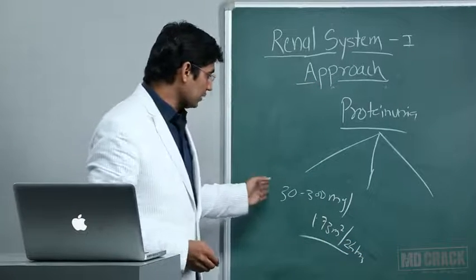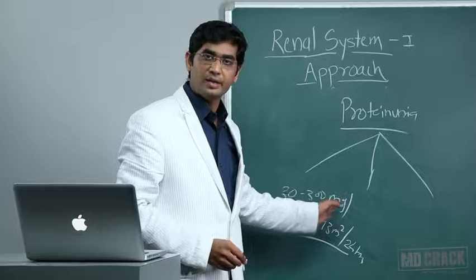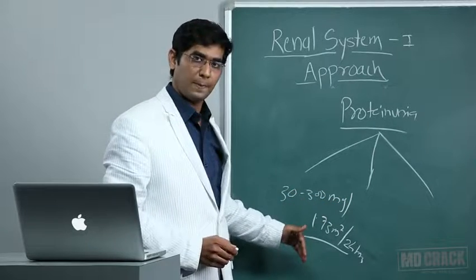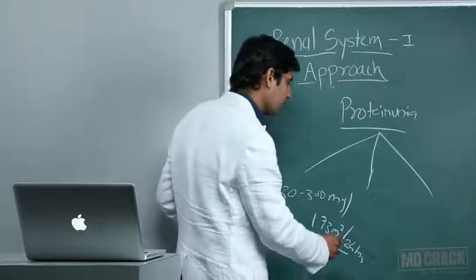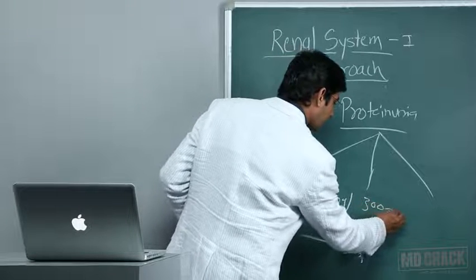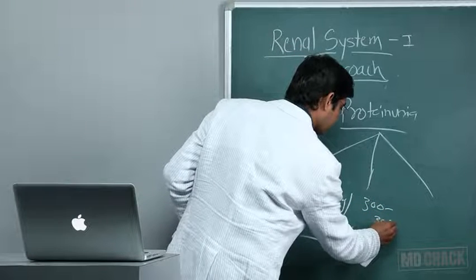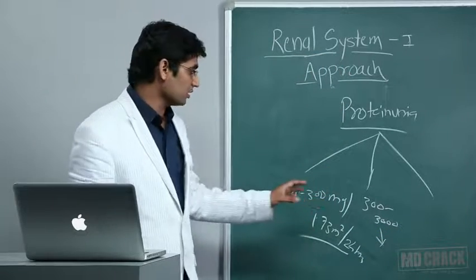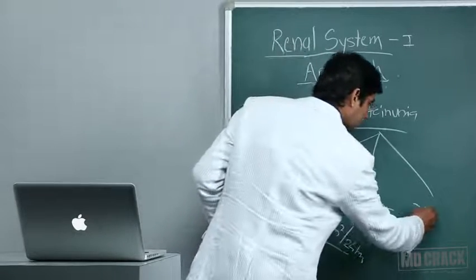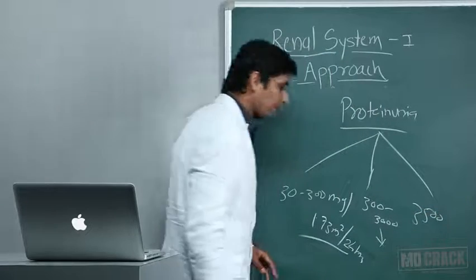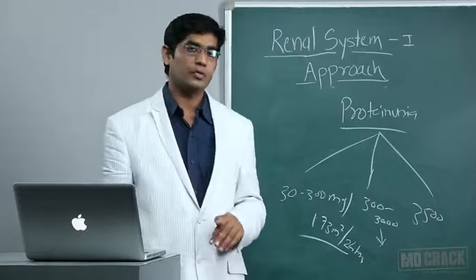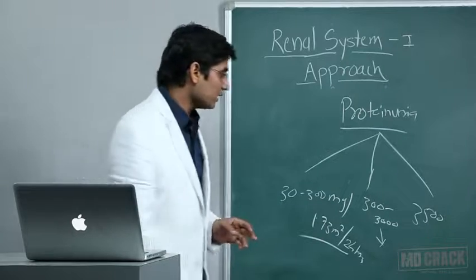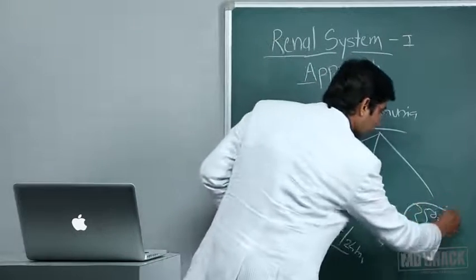So if the range is between 30 to 300 milligram, you can label this patient as having microalbuminuria. If it is between 300 to 3000, it is in the intermediate stage, and if it is more than 3500 milligram per 1.73 meter square over 24 hours, then this is a nephrotic range of proteinuria.